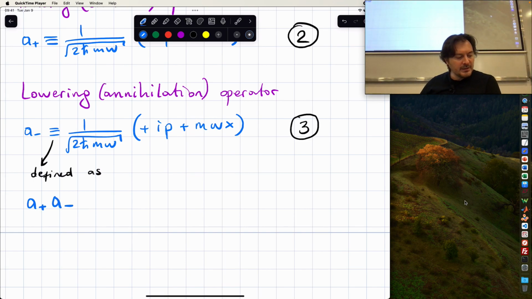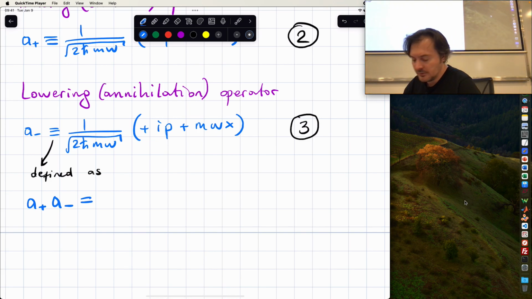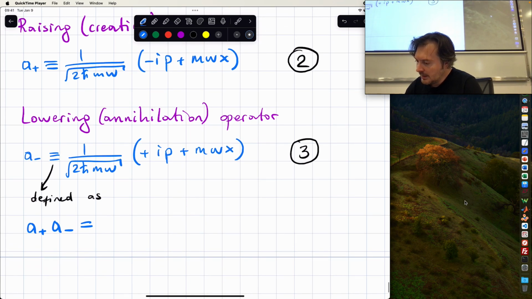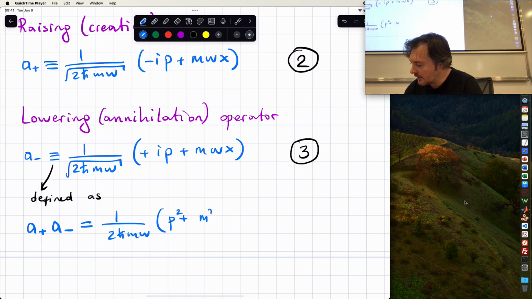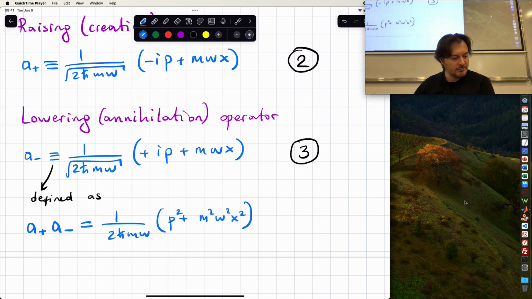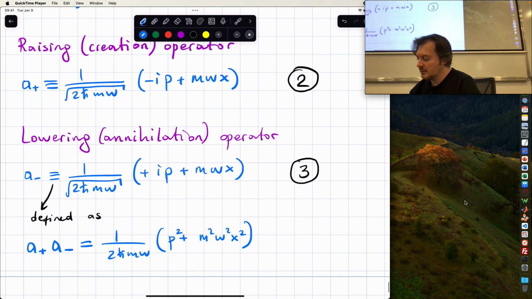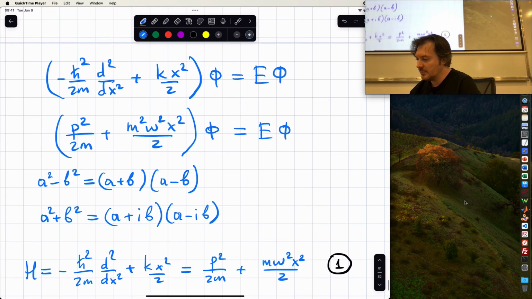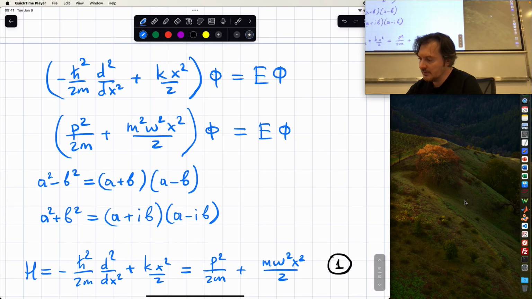So let me find A plus times A minus. Just what happens when I do that? Well, I have 1 over 2 h bar m omega times p squared plus m squared omega squared x squared. Is this something that I want? Let me show you that this is something that I want because it looks just like this, right?